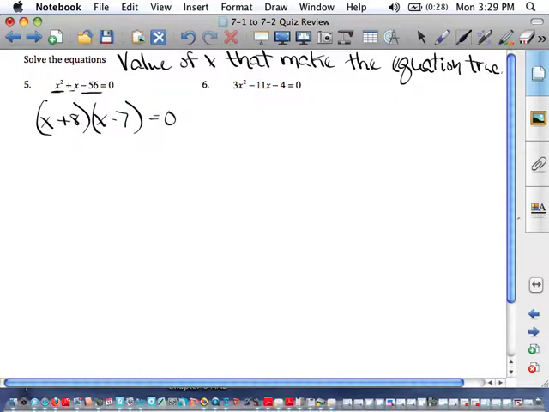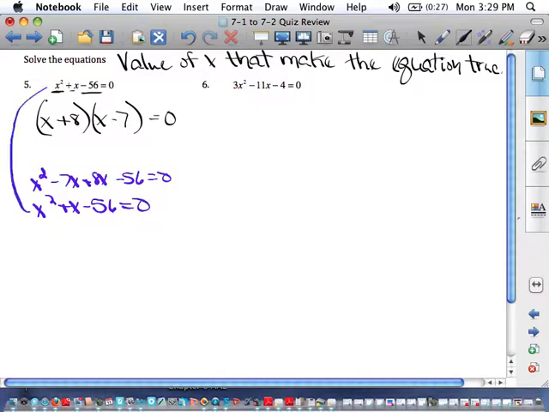So if you think about that, if you FOIL that back, you would have x squared minus 7x plus 8x minus 56 equals 0. So you get x squared plus x minus 56 equals 0. When you FOIL it back, you see that that's what you started with, so you know your factoring is correct.